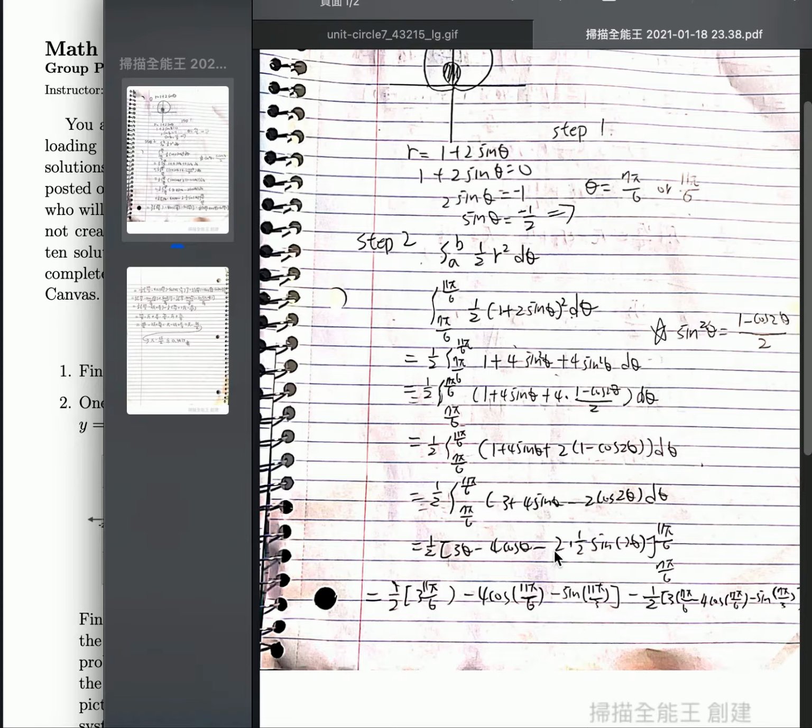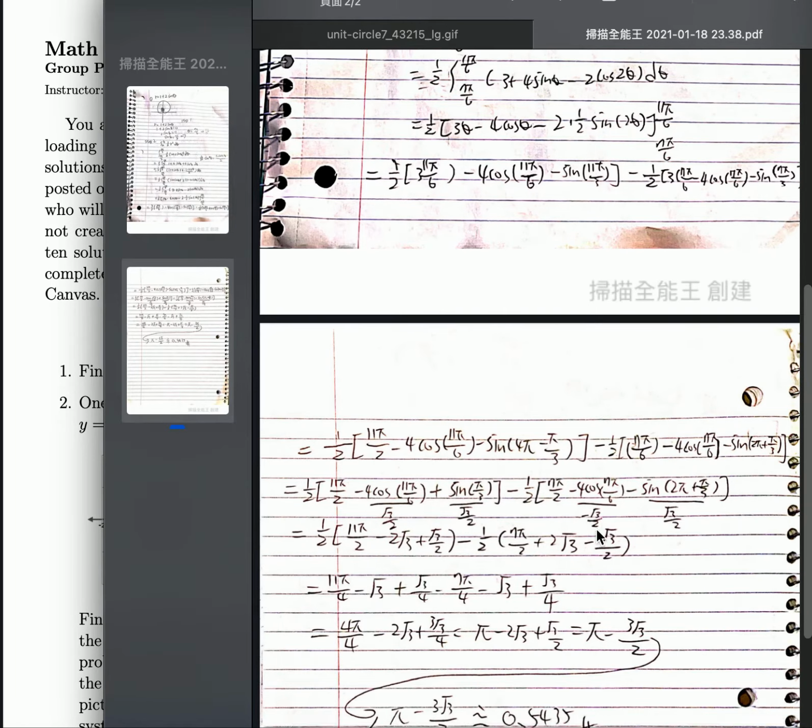So now we got 1 over 2 times (3 times 11 pi over 6, subtract 4 cosine 11 pi over 6, subtract sine 11 pi over 3), and subtract 1 over 2 times (3 times 7 pi over 6, subtract 4 cosine 7 pi over 6, subtract sine 7 pi over 3).